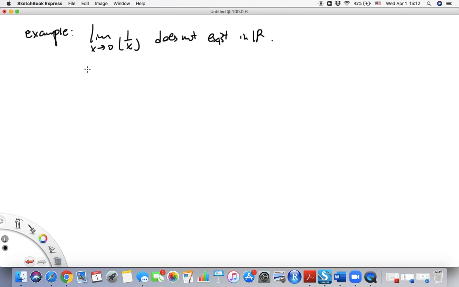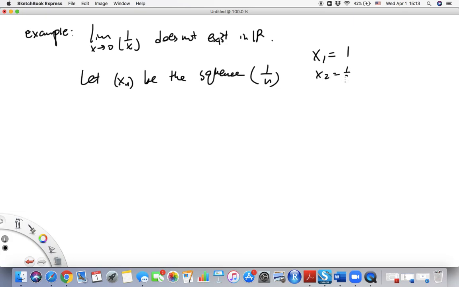Let xn be the sequence 1 over n, so x1 is equal to 1, x2 is equal to 1 over 2, x3 is equal to 1 over 3, etc. So then xn goes to 0, right?